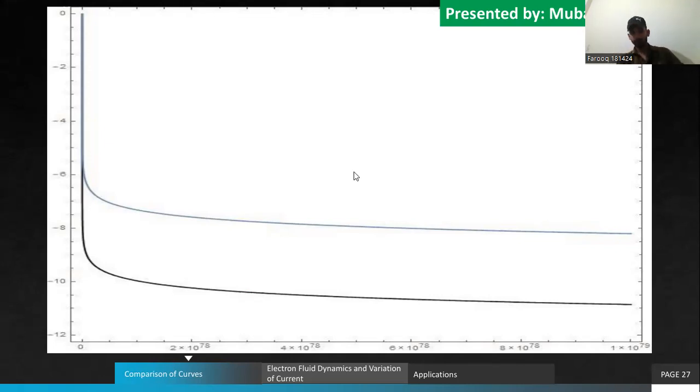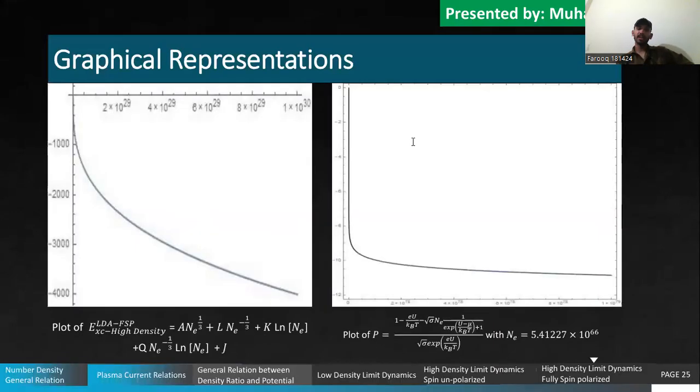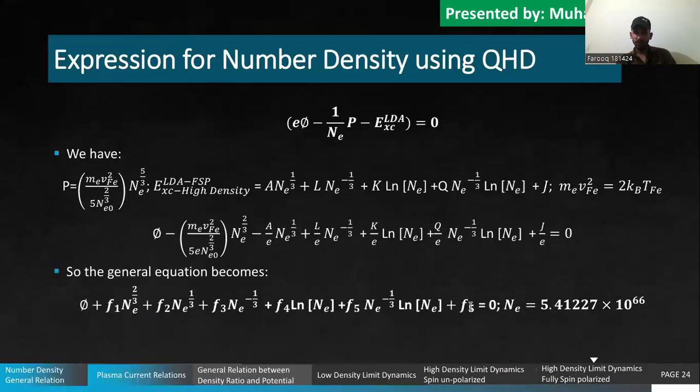Okay, now roots of number density. Now see, earlier we talked about how, when we solved this equation, we got this number density. It is not necessary that only this comes; there can be other roots as well. As we know that n^(1/3), n^(2/3)... if it is a quadratic equation it also has 2 roots. Here we have these 3 powers coming. So we can have so many roots, but we have worked only for the one root, because plotting the graphs and solving the equations for so many roots is not so simple. Actually, our motive is to study the behavior, so that's why we are studying the behavior by using only one root.